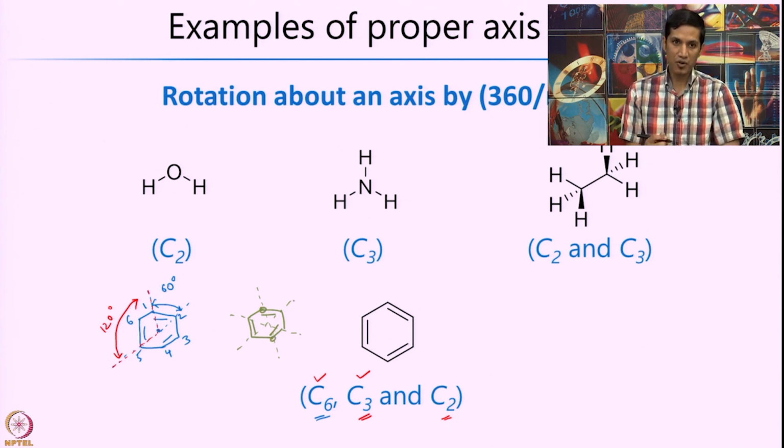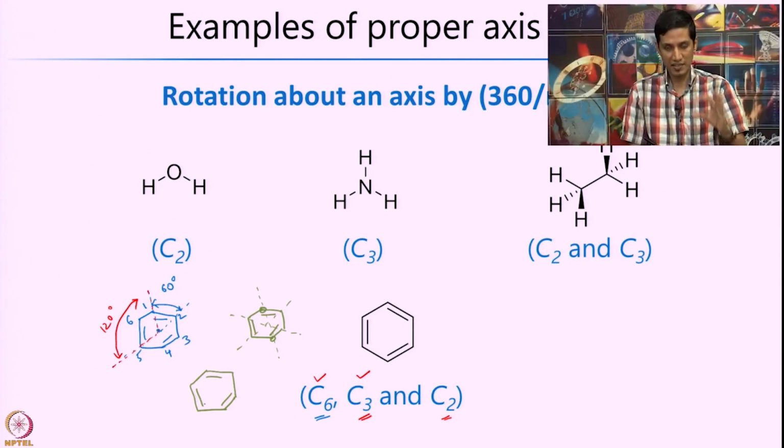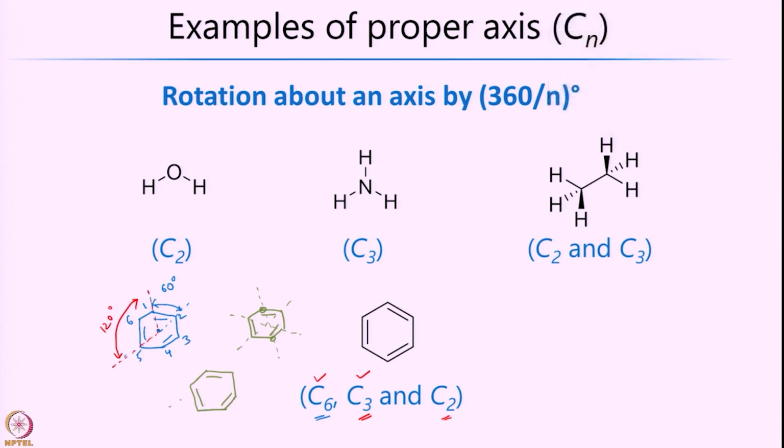Now, what happens if I go between the atoms? Since the bond lengths are the same, although I am drawing double bonds here, these are actually alternating double bonds, so the bond lengths are exactly the same. Given that, I can go in between the two bonds as well.